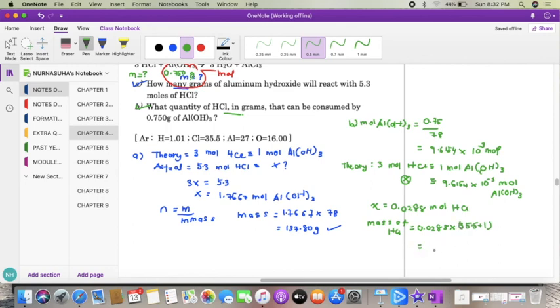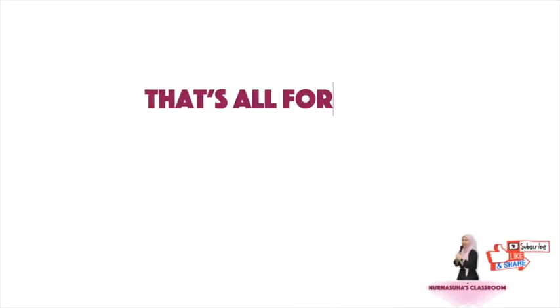So now you should get roughly 1.0512 gram. So this is the mass of HCl that can be consumed by 0.750 gram of aluminium hydroxide.